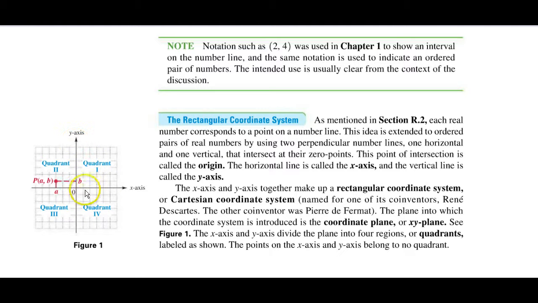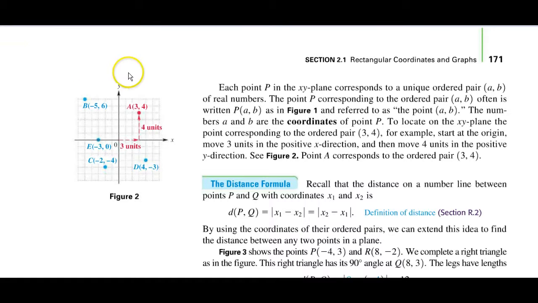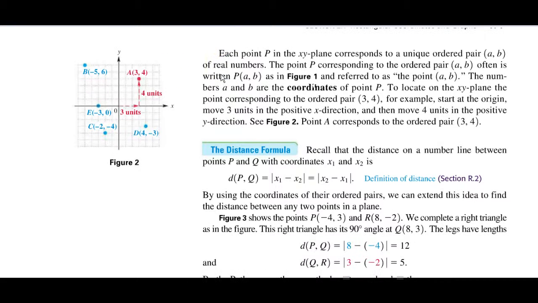When you make your number lines for your axes, the horizontal is the x-axis, the vertical the y-axis, divides them into 4 quadrants, and there are various characteristics about these. And there is a method to plot them.